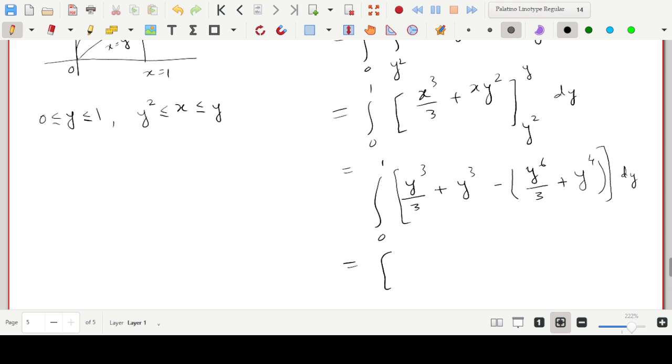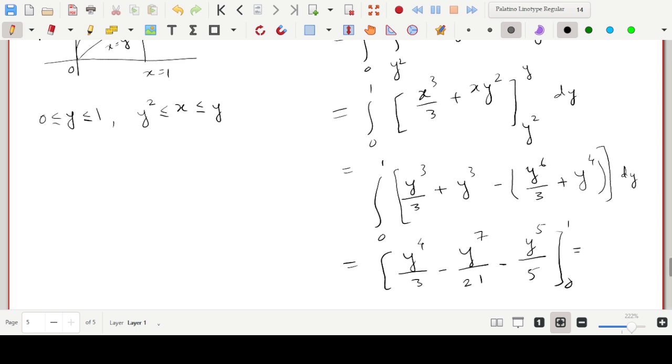The integral of that is y to the power 4 over 3 minus y to the power 7 over 7 and then 3, so 21, plus y power 5 over 5, here it should be negative, from 0 to 1.